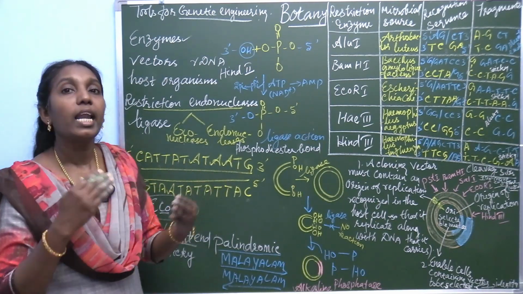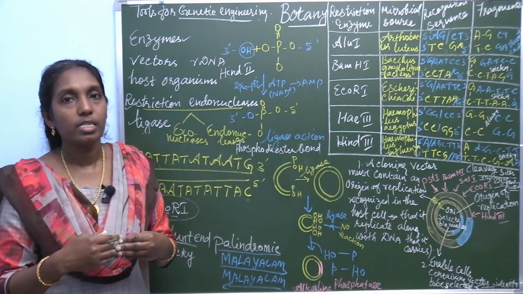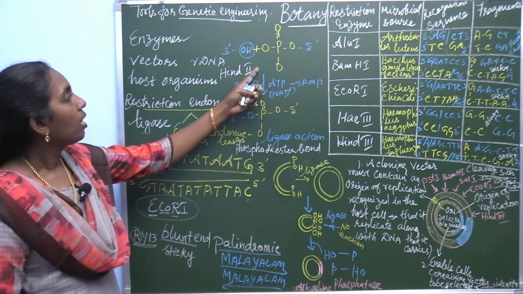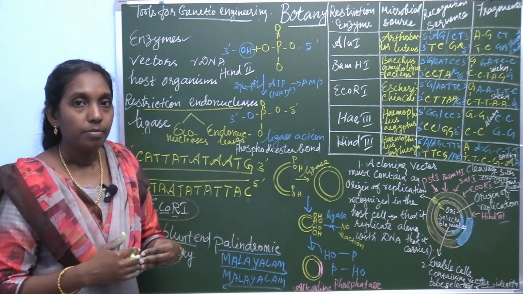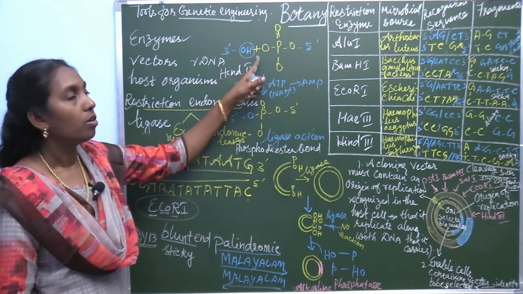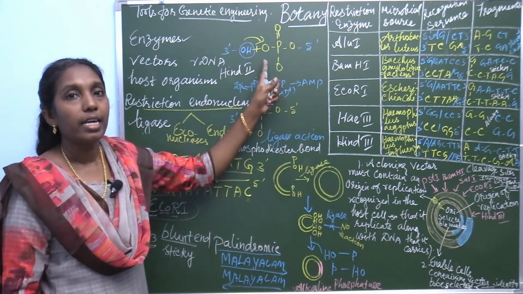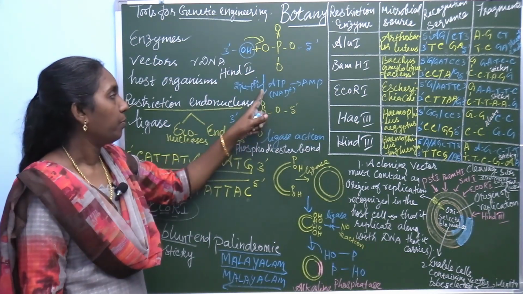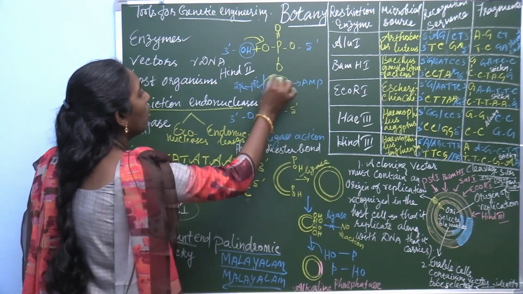Now, ligase. What's the use of ligase enzyme? You know that ligase enzyme joins the sugar and phosphate group. Look at this, here the sugar and phosphate group, PO4 and OH. So it joins this region in the phosphodiester bond, in the presence of ATP. There are some cofactors involved in this joining, either ATP or NAD+.